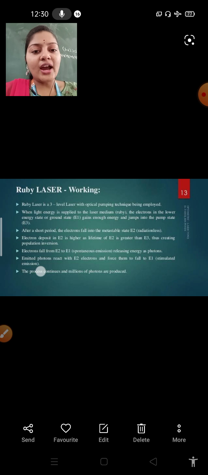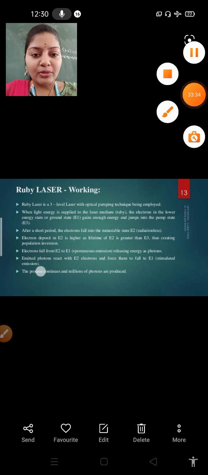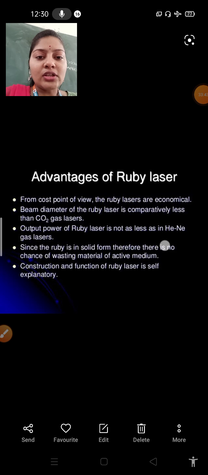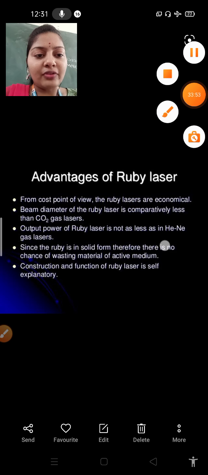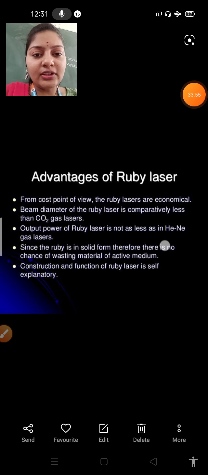Next, coming to the advantages and disadvantages of the ruby laser. What are the advantages of the ruby laser? The ruby laser is cost effective, because the cost of construction is very low, and the output power is in the order of 10 to the power of 4 to 10 to the power of 6 watts.